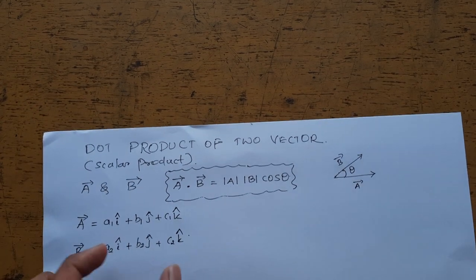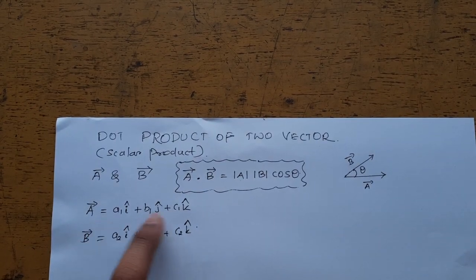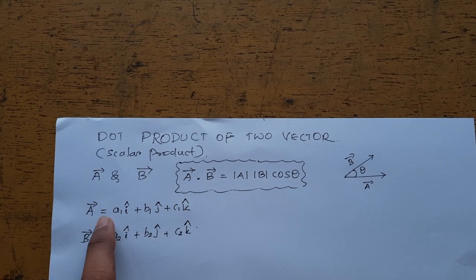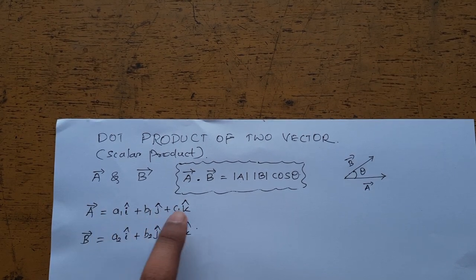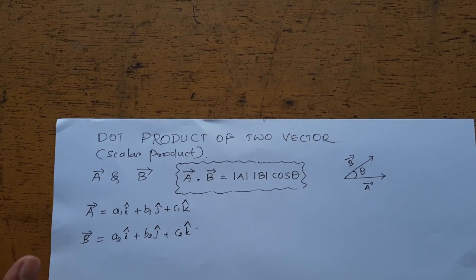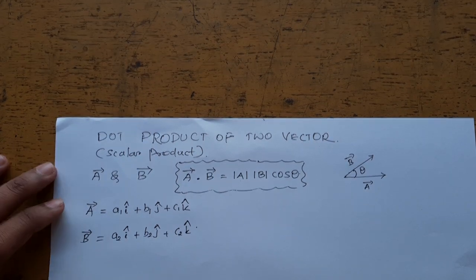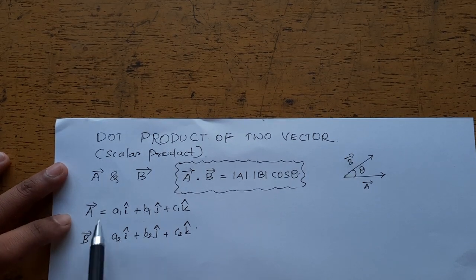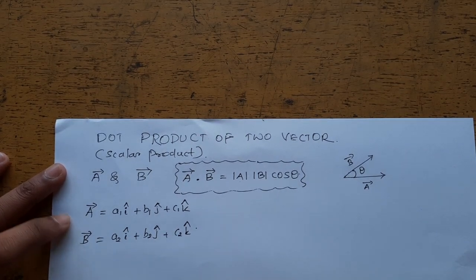This is the expansion of these vectors, or we are representing vector A in the form of unit vectors i, j, k. These vectors may be force, velocity, acceleration, whatever, but we are denoting them in the form of mathematical expressions.